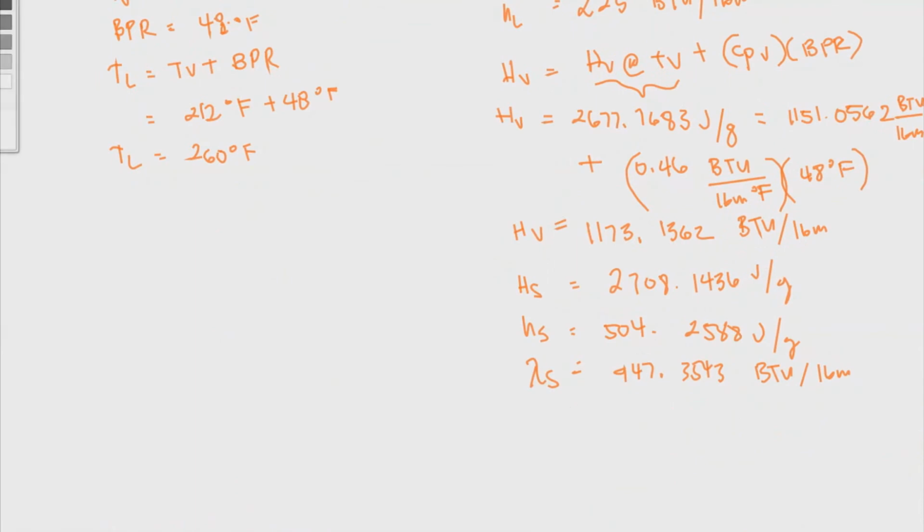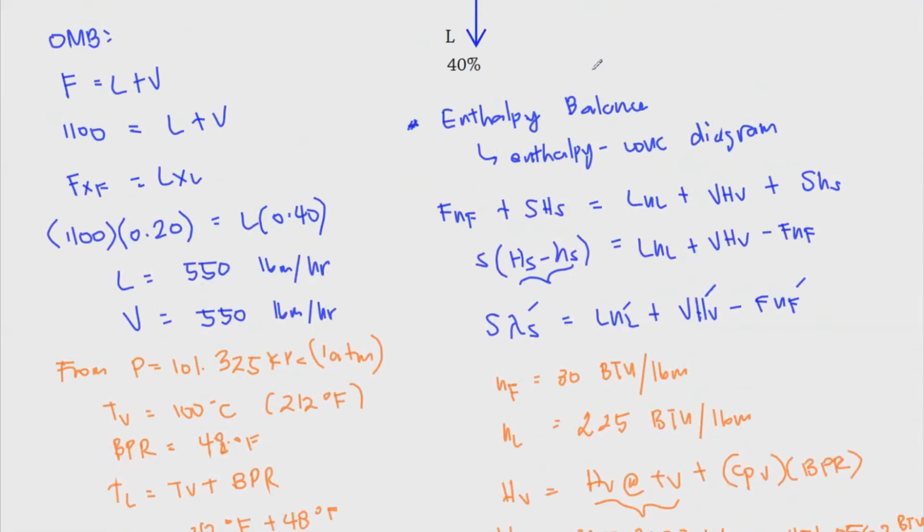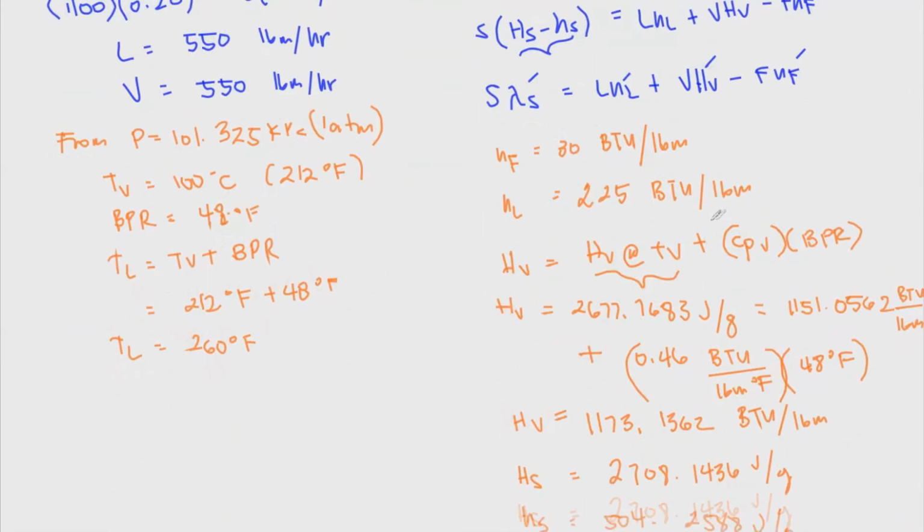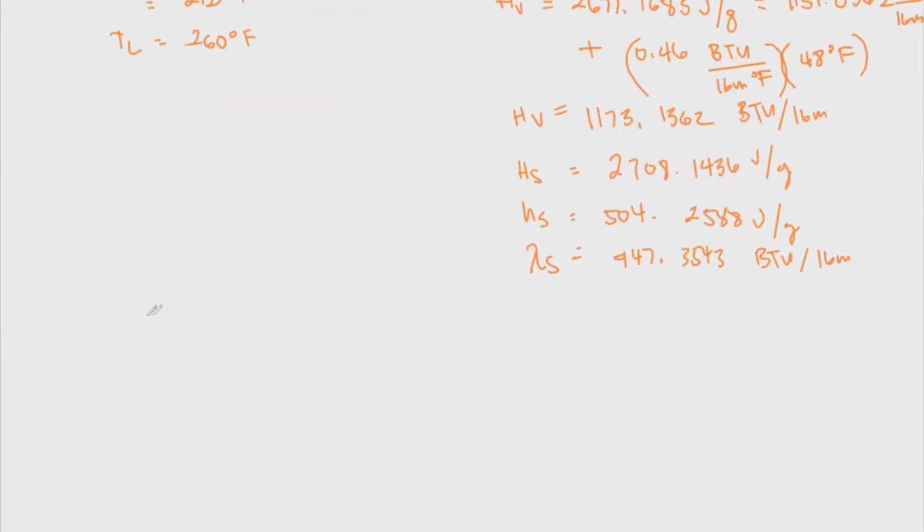Now let's try substituting all of them into the equation that we already obtained. So we will be using lambda s S is equal to LHL plus VHV minus FHF.